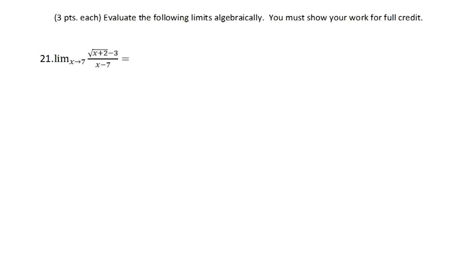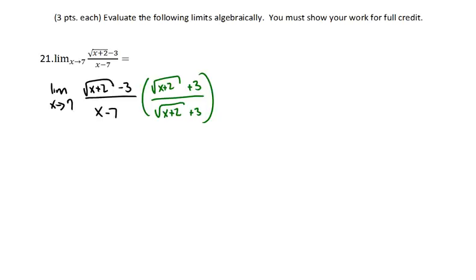And we see the radical, so we'll want to multiply by the conjugate of the radical expression. That means here we're going to multiply the numerator and denominator by the square root of x plus 2 plus 3. Even though the radical is in the numerator, we multiply top and bottom by the conjugate of whatever the radical expression is.